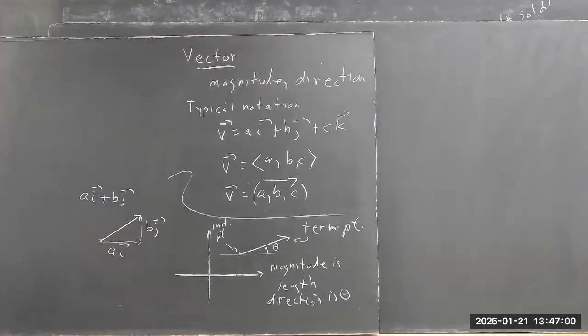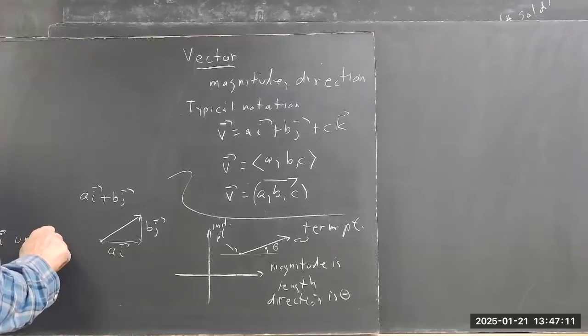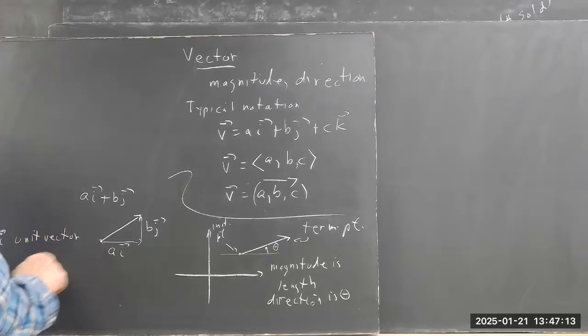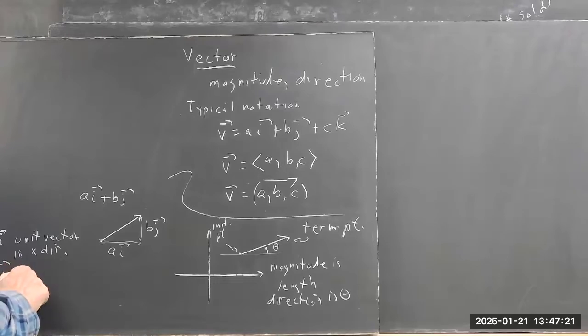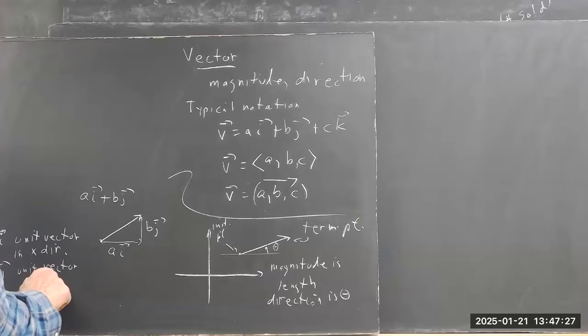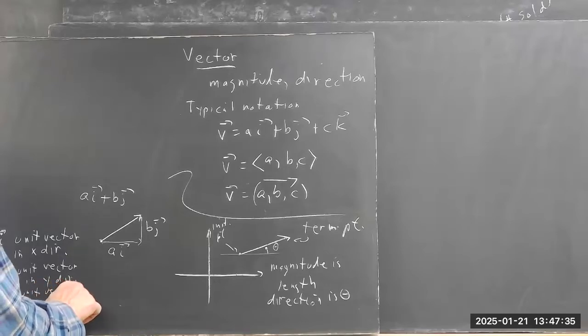What's this i and this j thing? i is a unit vector in the x direction. j is a unit vector in the y direction. k is a unit vector in the z direction.